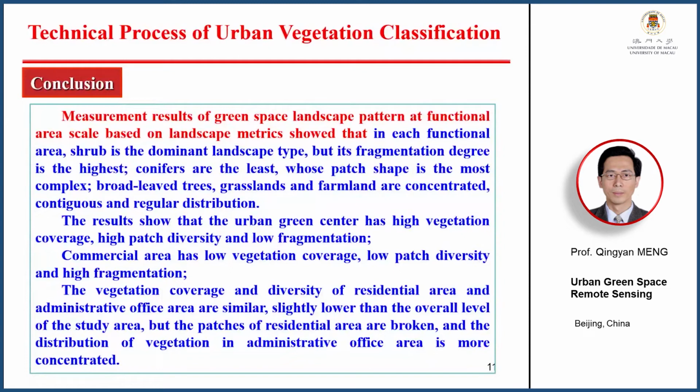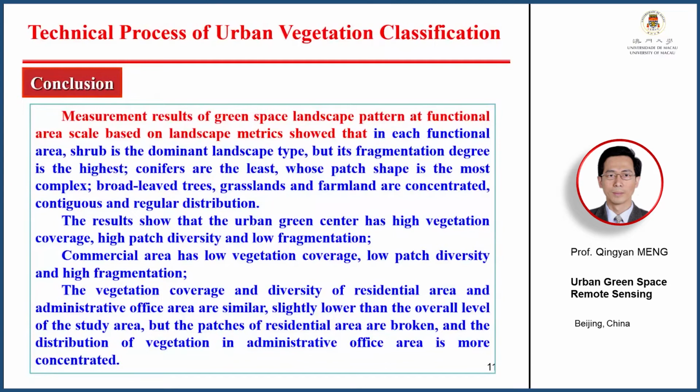The measurement results of the green space landscape pattern at functional area scale based on the landscape matrix show that in each functional area, shrub is the dominant landscape type, but the fragmentation degree is the highest, the conifers are the least, whose patch shape is the most complex, and broad-leaved trees, grassland, and farmland are concentrated, contiguous, with regular distribution.